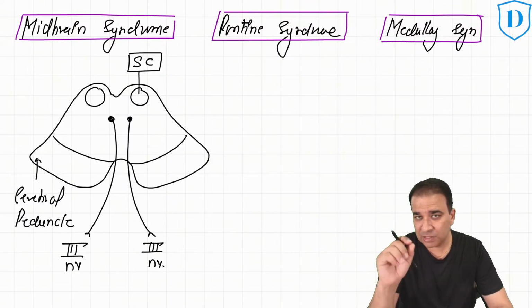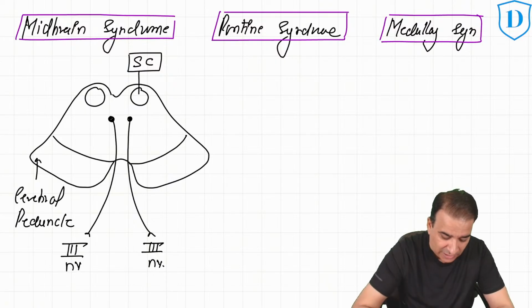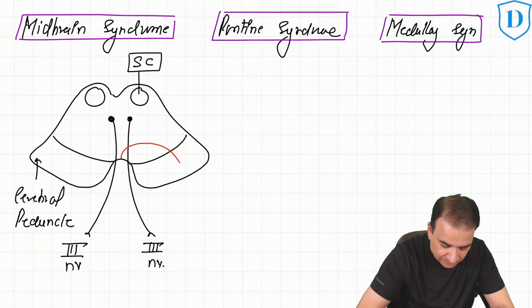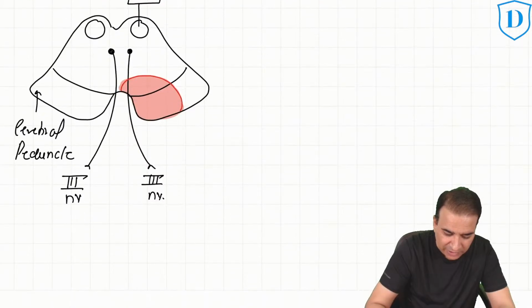As I said, I'm focusing on the major syndrome, the one main syndrome on which most questions are asked for the midbrain, that is Weber's syndrome. In Weber's syndrome, this area of the midbrain will get affected. If this ventromedial, anterior medial portion of the midbrain is affected, then third nerve involvement, of course.